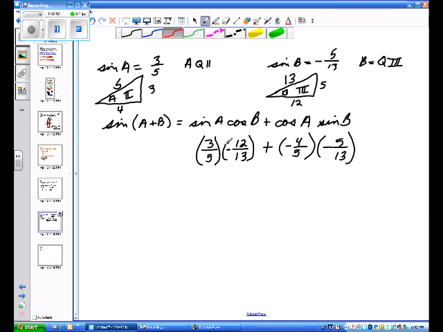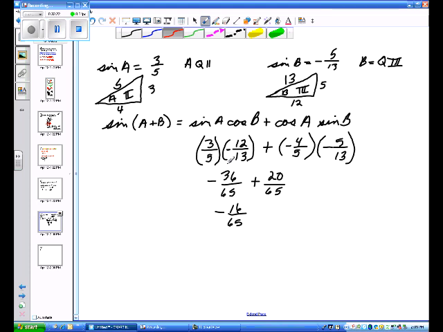Now we can do our multiplying. We have -36/65. We have a positive times a negative times a negative, which makes that positive 20/65, which would be -16/65. So now we were able to find the sine of the sum of those two angles without having to find the angles.